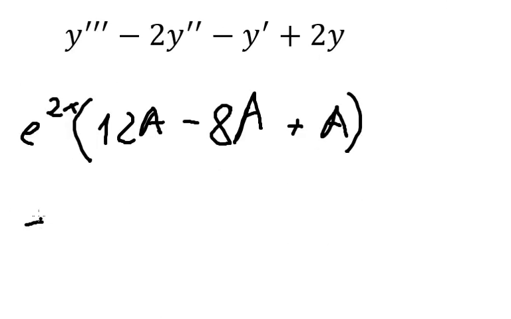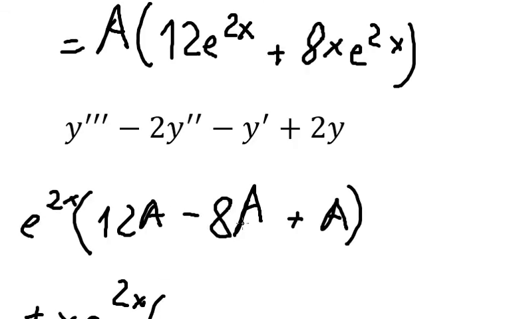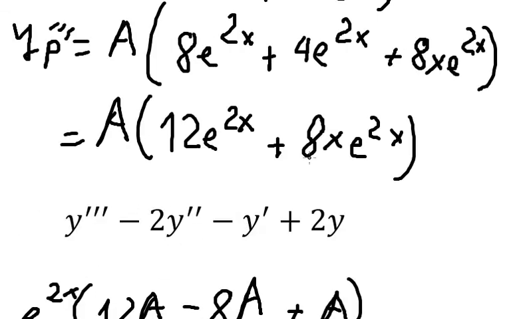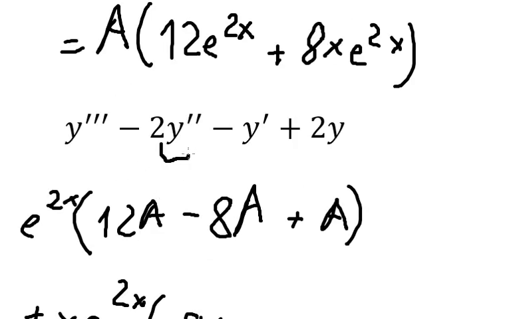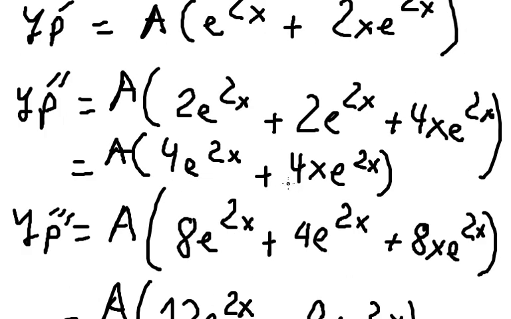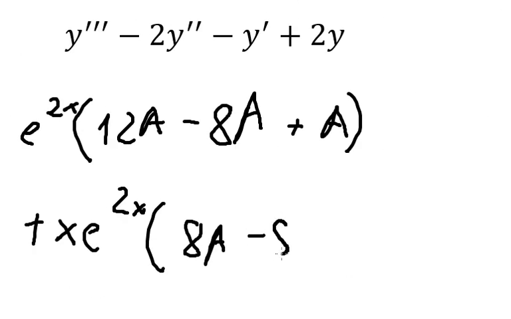Now let's go to s e to the power of 2s. So we have this one, we have a and we have 8a. Second derivative with negative 2. Negative 2 with 4, you get negative 8a.